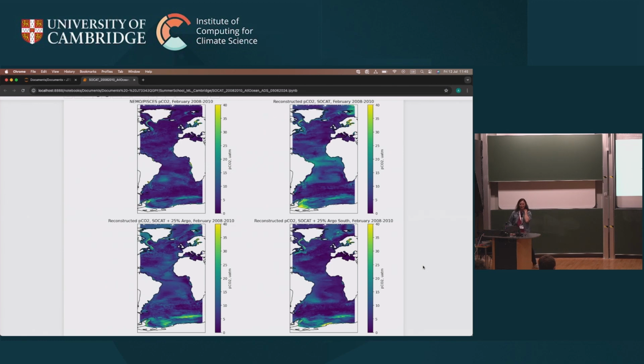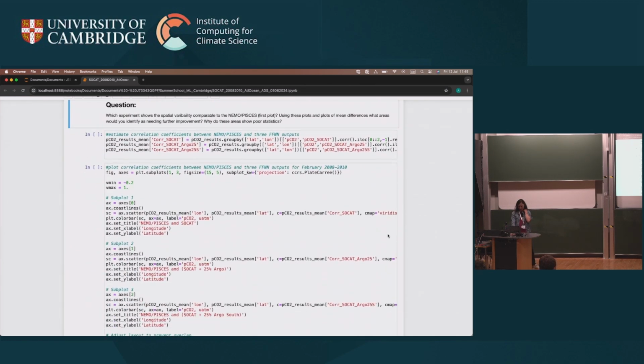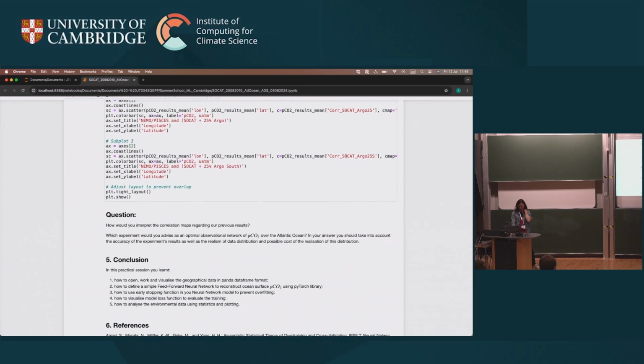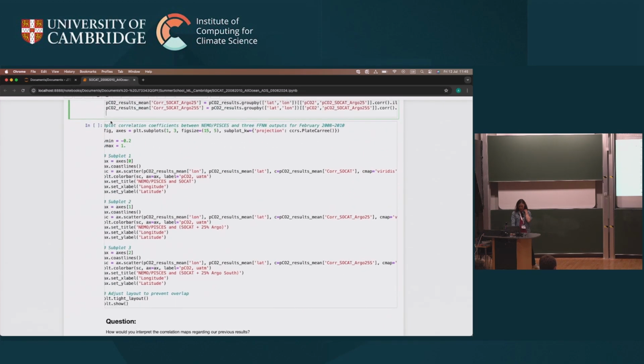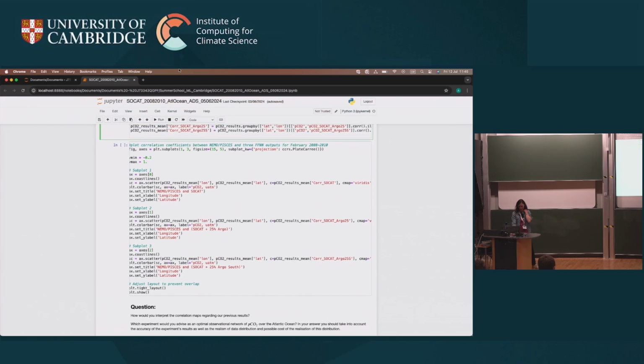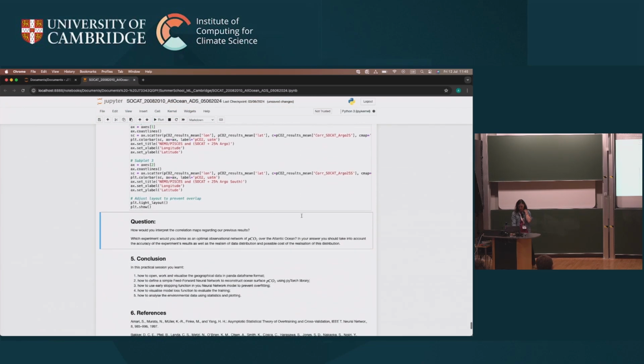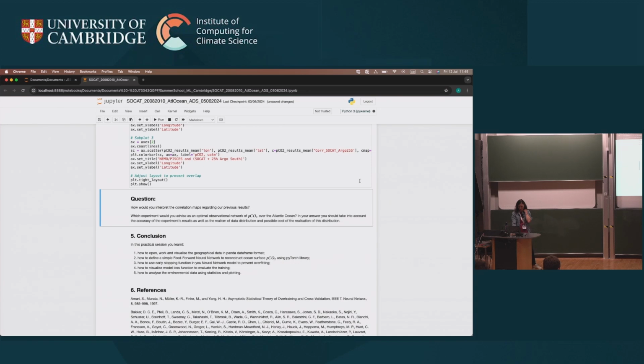A bit more near Antarctica. Yeah, and the last statistics will be the correlation coefficient, and then we can discuss. It's the correlation coefficient between the NEMO model and our three tests.